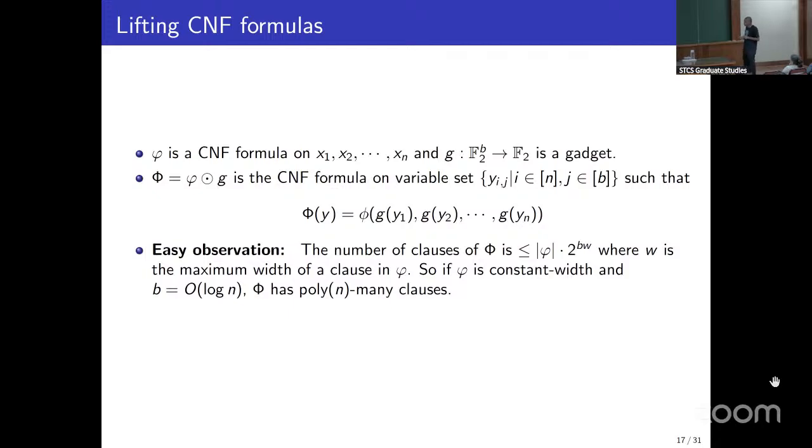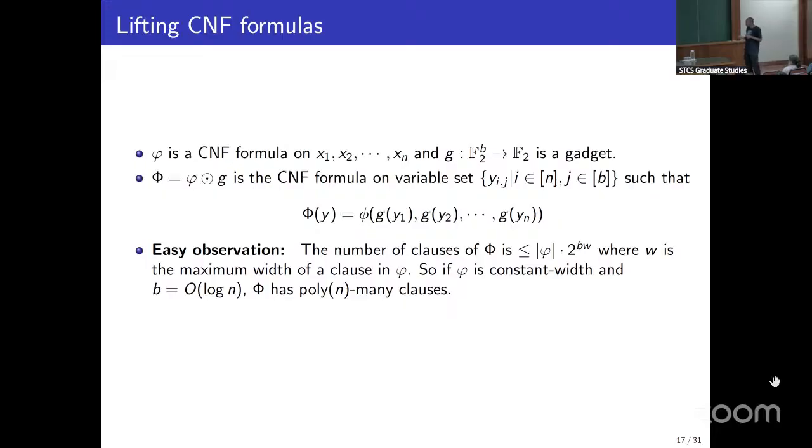It's easy to see. And you can show that if the maximum width of a clause of the base CNF is W, then the number of clauses in the lifted CNF is the initial number of clauses times 2 power bW. So y1 is y1,1, y1,2, ..., y1,b, and so on.